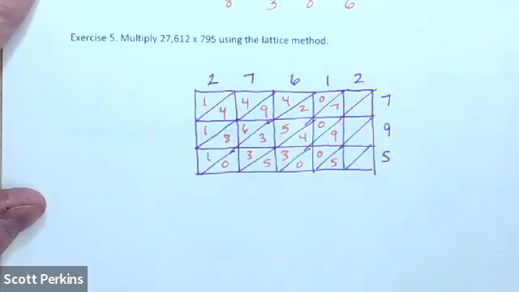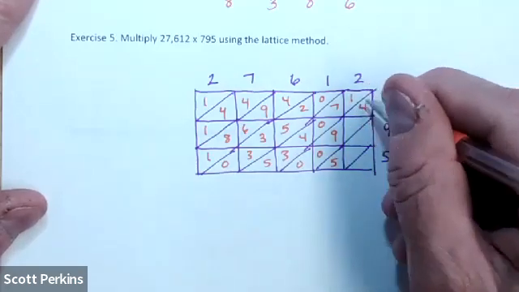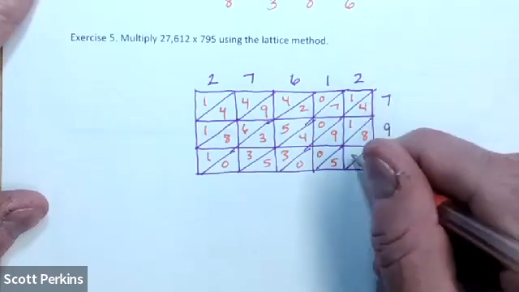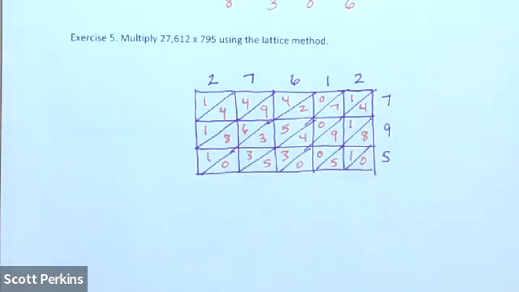And then the last one, 2 times 7 is 14, 2 times 9 is 18, 2 times 5 is 10. So just went through all the single digit multiplication right there.